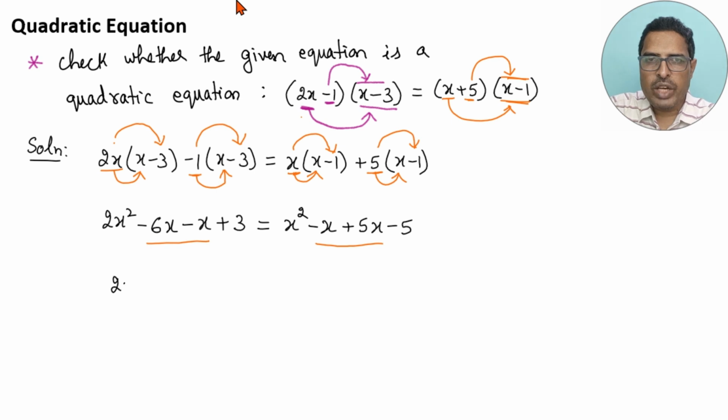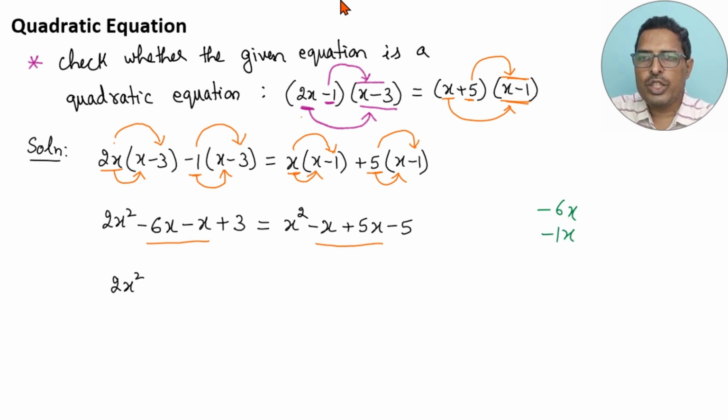You have 2x square, you have minus 6x and minus x. So this means it is minus 1 times x. Minus 6 minus 1 will be minus 7 times x. Getting it? Minus 6 minus 1 will be minus 7 times x.